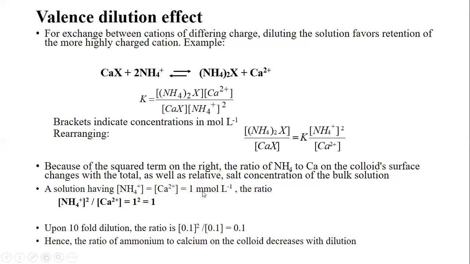So we have 0.1 square over 0.1, the ratio of ammonium to calcium. That means calcium is much higher here. So that's why it says, for exchange between cations of different charge, dilution of solution favors retention of the more highly charged cation, in this case calcium instead of ammonium. Favors means it makes it better for the divalent.